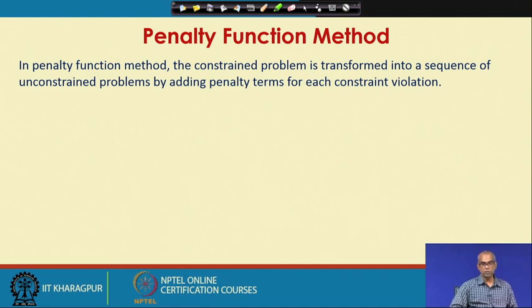In the penalty function method, the constrained problem is transformed into a sequence of unconstrained problems by adding penalty terms for each constraint violation. That way we transform a general nonlinear programming problem into a sequence of unconstrained problems.